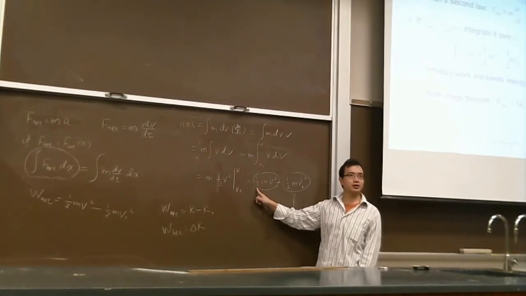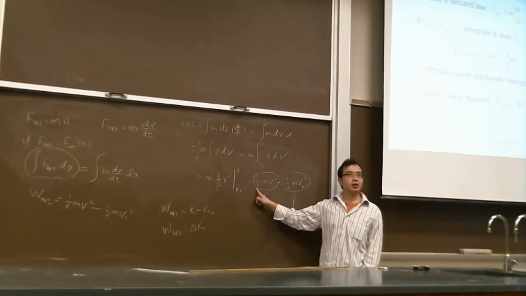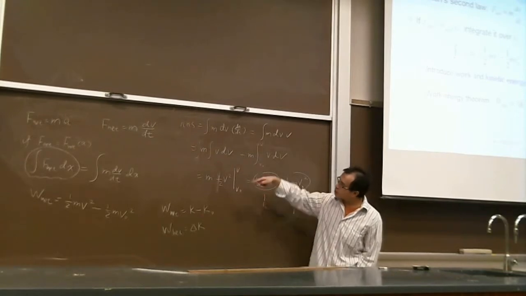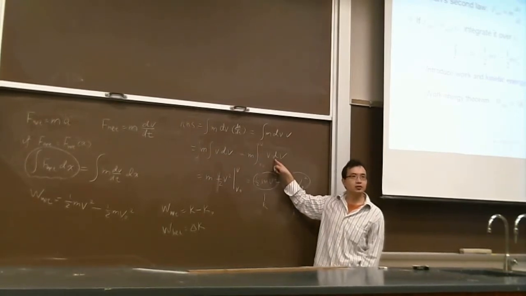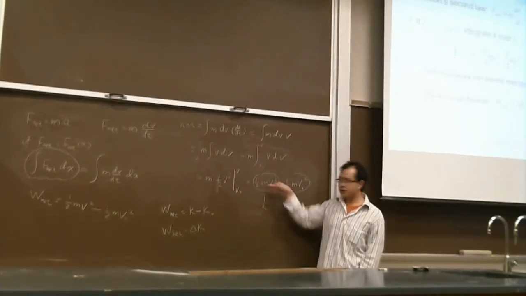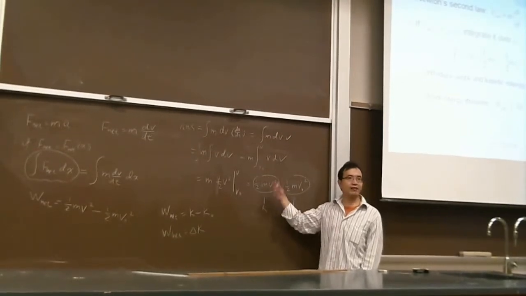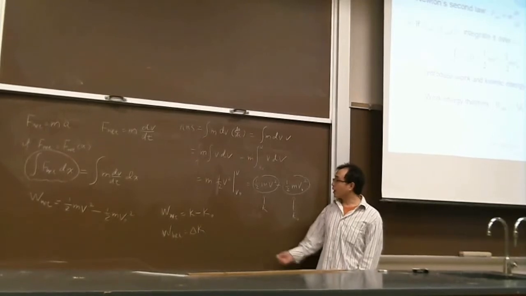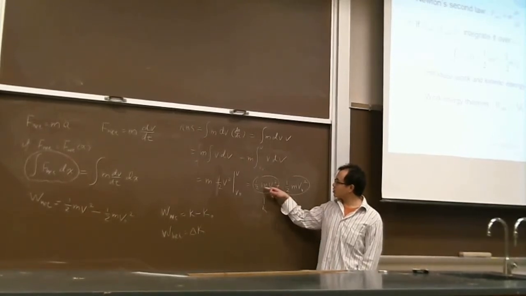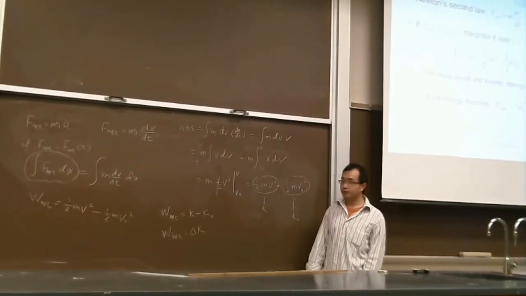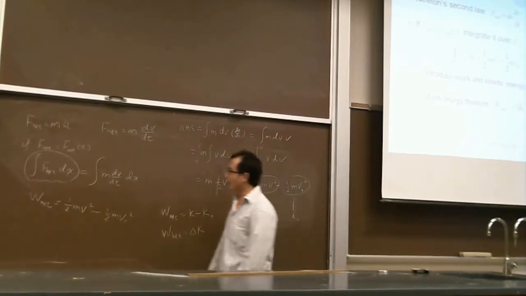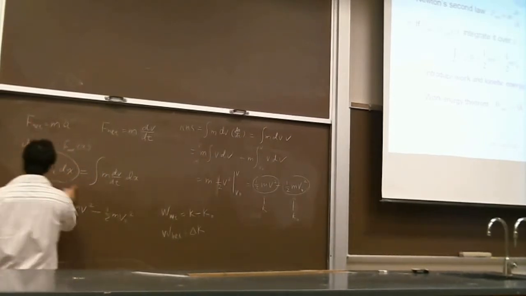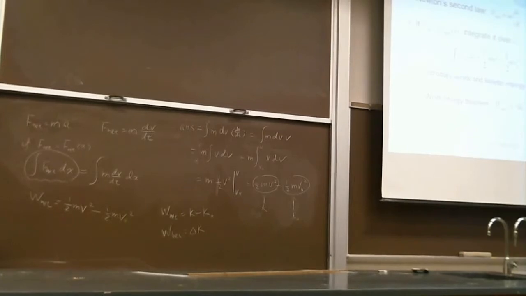In fact, it's because when you do the integral, you get 1/2 here. So it's convenient we put 1/2 in the definition of the kinetic energy. Of course, you don't have to, because the essential thing is mv squared. Okay. And also, why do we want to define the work?